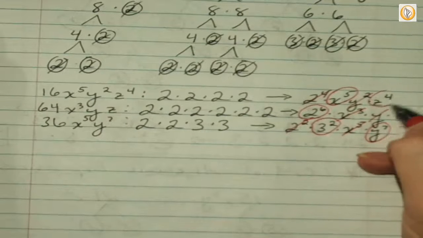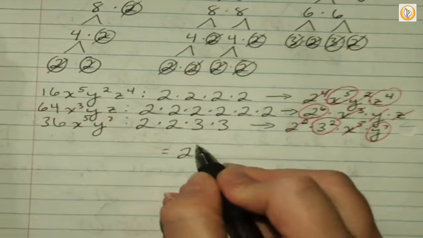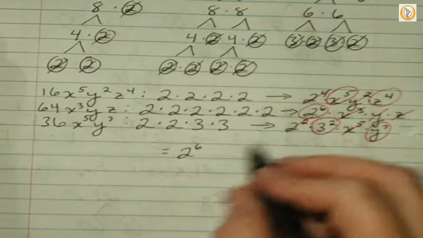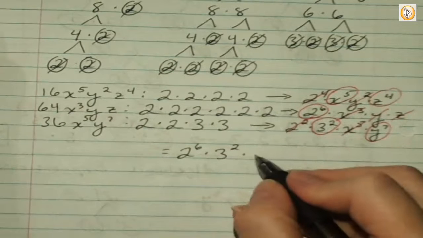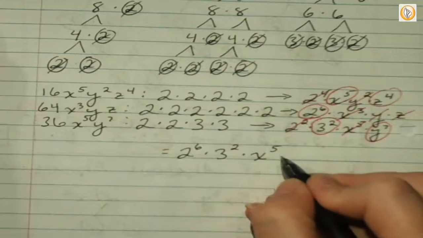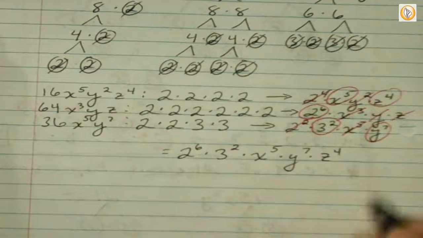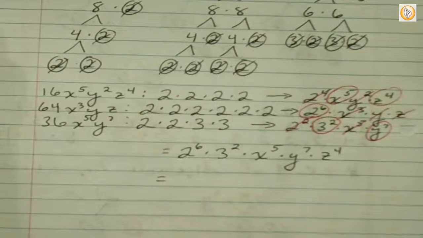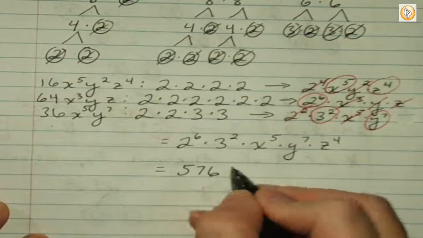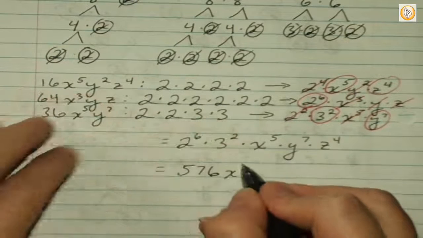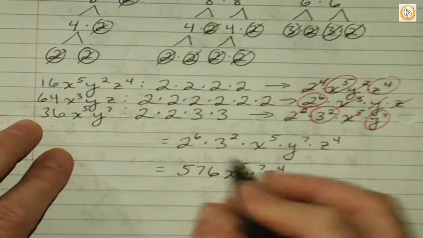You did the fourth. All right, now I'm writing out my circles: 2 to the 6th power times 3 to the 2nd power times x to the 5th power times y to the 7th power times z to the 4th power. Just to save you on time, you multiply those out, you get 576 x to the 5th power, y to the 7th, and z to the 4th.